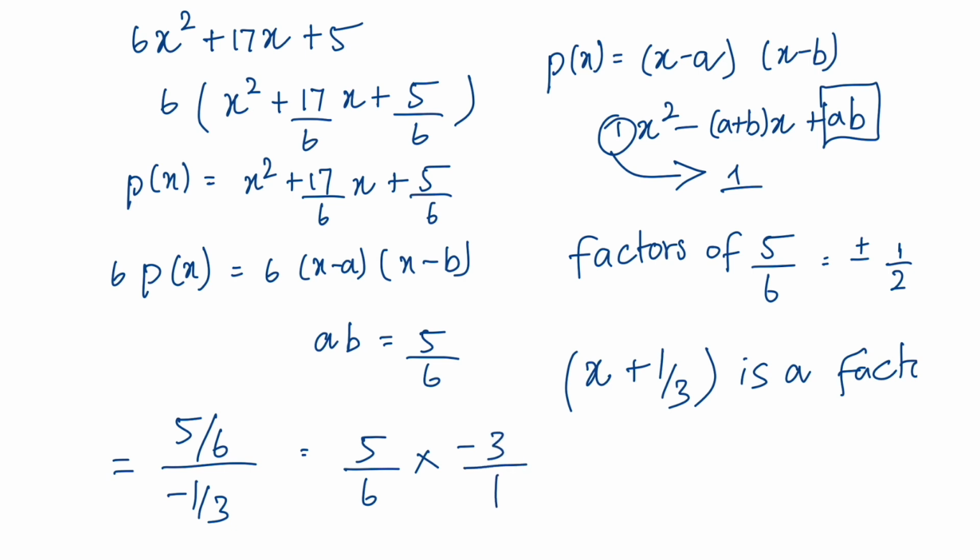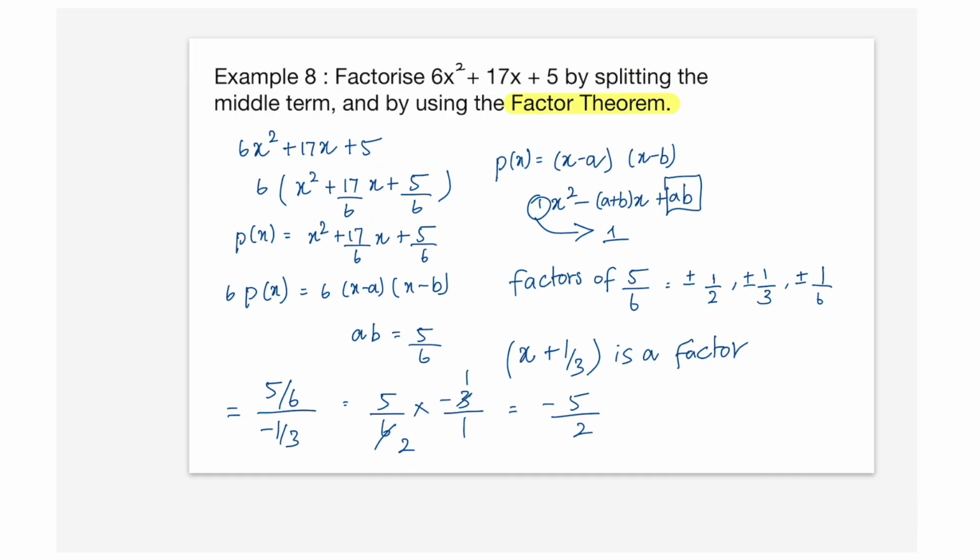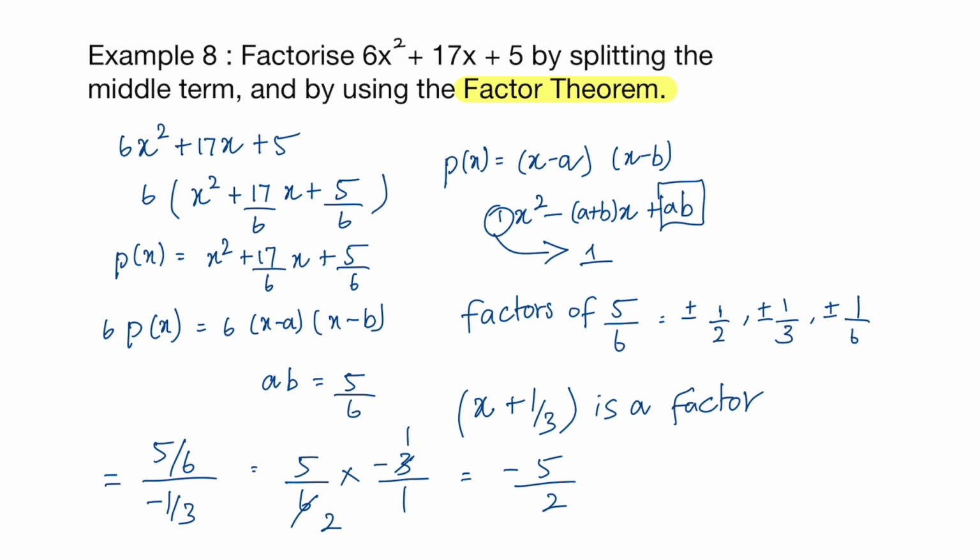Reciprocal of minus 1 by 3 is minus 3 by 1. So we are multiplying by its reciprocal. So that gives you minus 5 by 2, because 3 times 1, 3 times 2 is 6. So minus 5 by 2 is another root, another 0 of this polynomial.